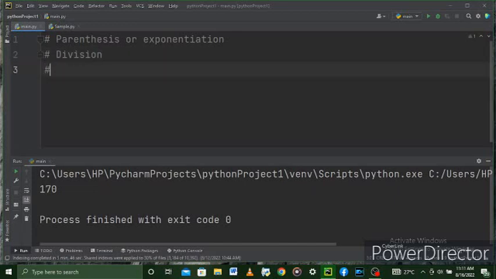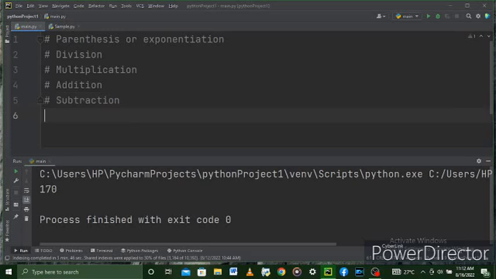The next you're to look at is the multiplication. The next you're to look out for is the addition. The next you're to look out for is the subtraction.